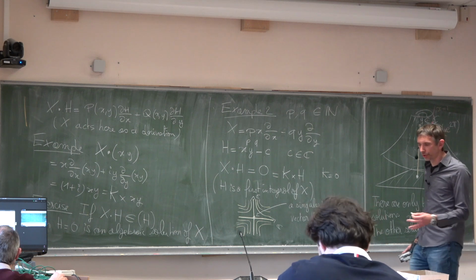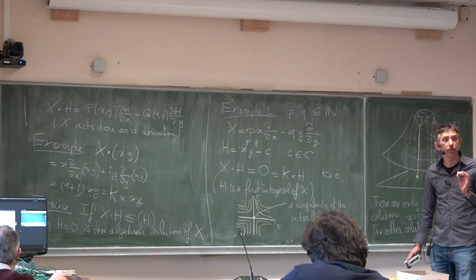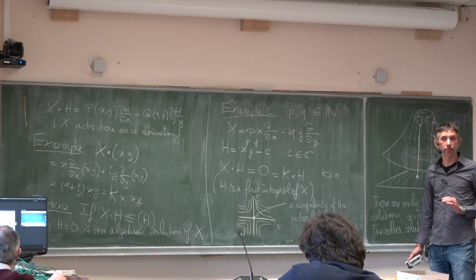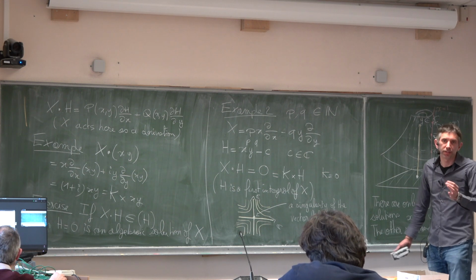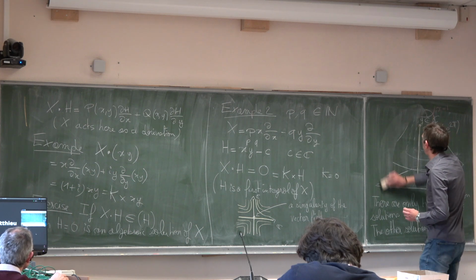Okay, with those two examples, I'm going now to show you how, a priori, it is very easy to give a positive answer. But it's going to be wrong, but it's very easy to give a positive answer to the question of Poincaré.